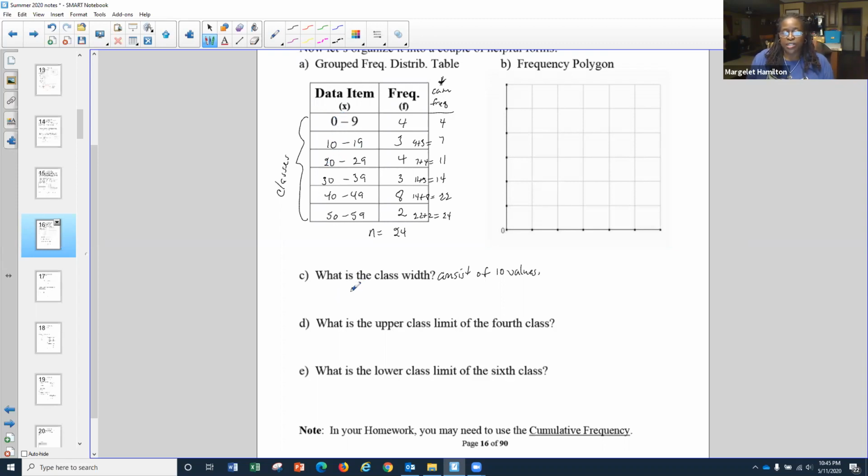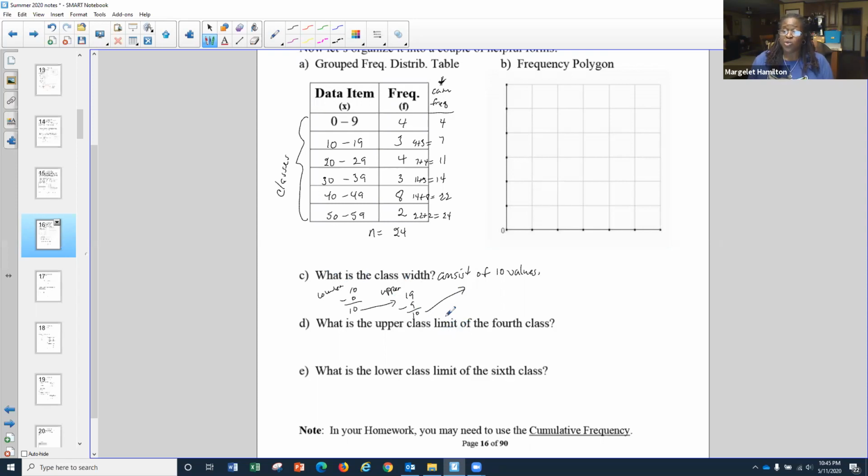So 10 minus 0 is just 10. And it'll tell you what your class width is. Same with the upper, which is 19 minus 9, leaves you 10. So either way, you can find out what you need.